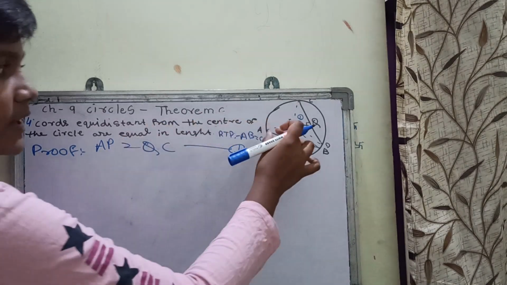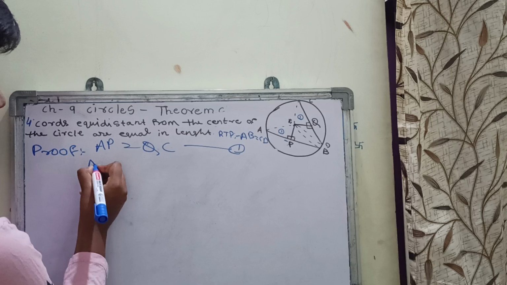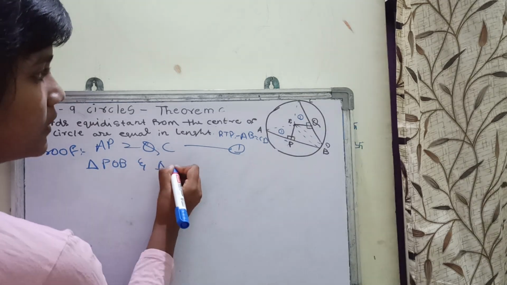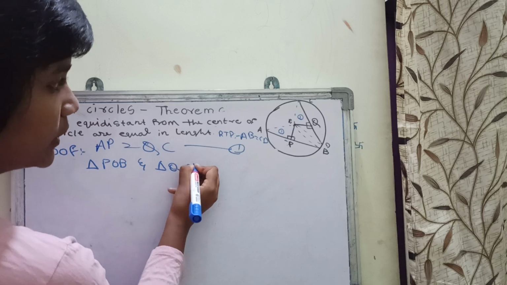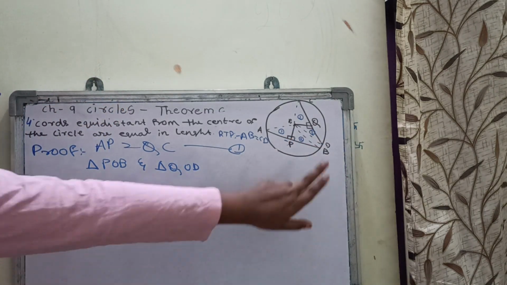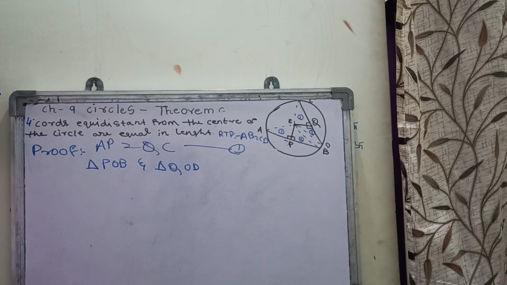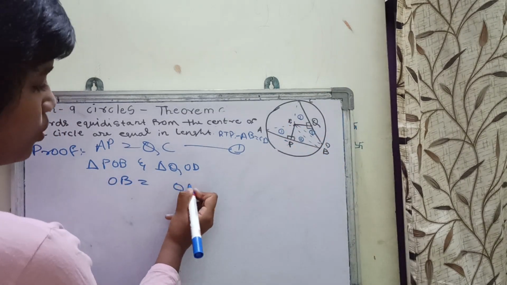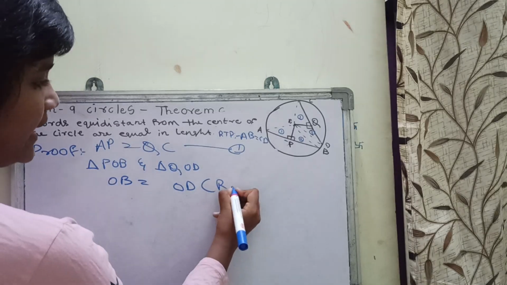So the next two triangles we are going to take are triangle POB and triangle QOD. Can you see the two triangles we are taking? What else can we take here? OB is equal to OD because they are radii.